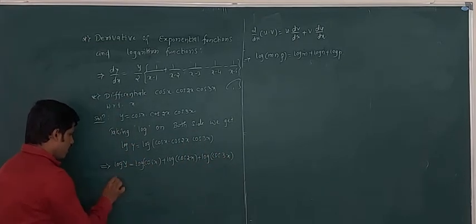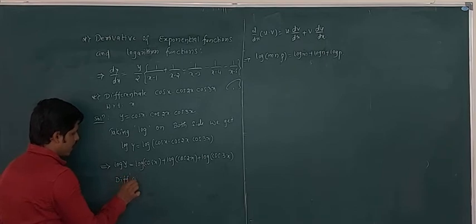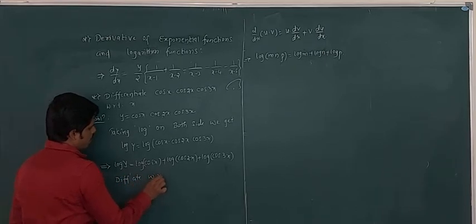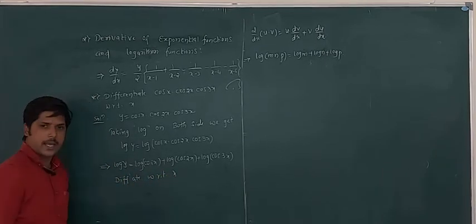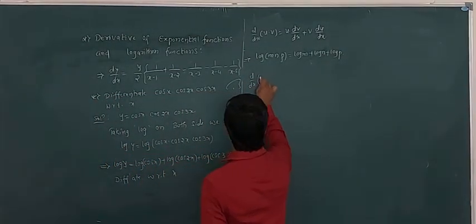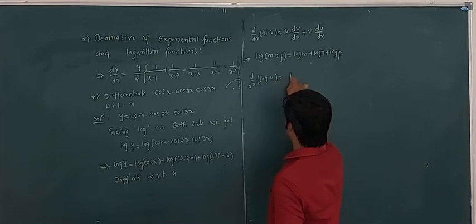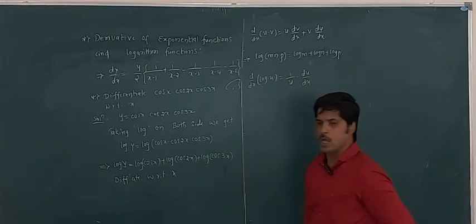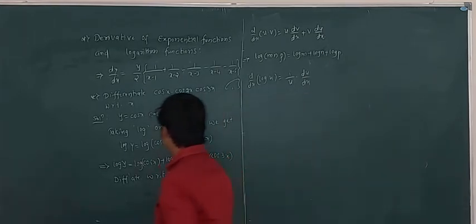Now differentiate with respect to x. Again we have the differentiation of log u: d by dx of log u is equal to 1 by u into du by dx. By applying this formula, we differentiate.